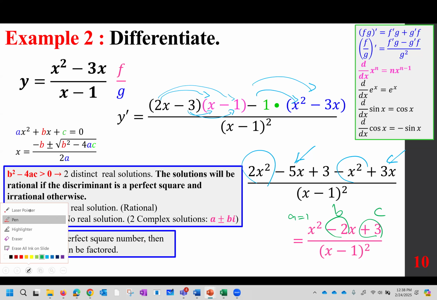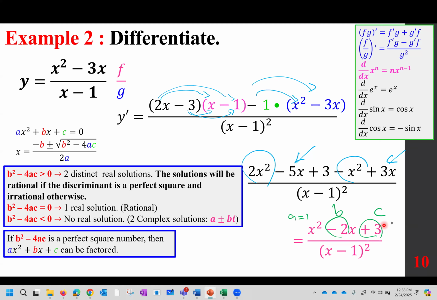So b squared, negative 2 quantity squared, minus 4 times a, which is 1, times c, which is 3, adds up to negative 8. Negative 8 puts us in this area: no real solution, two complex solutions, let alone factoring. Obviously, when there are two complex solutions, that means it can't be factored either.